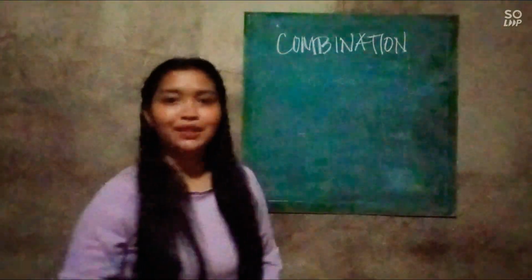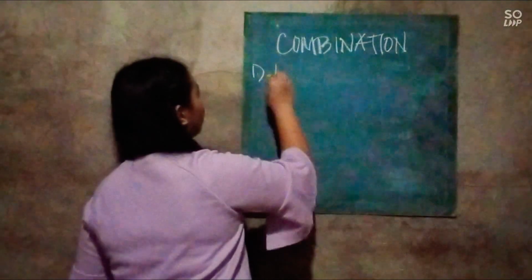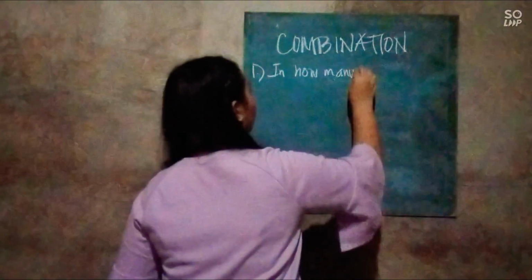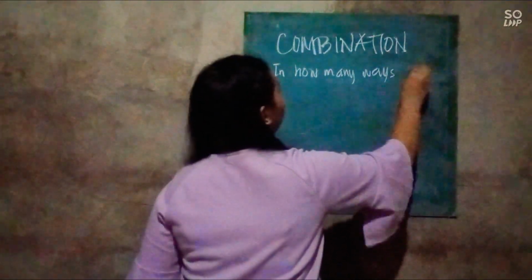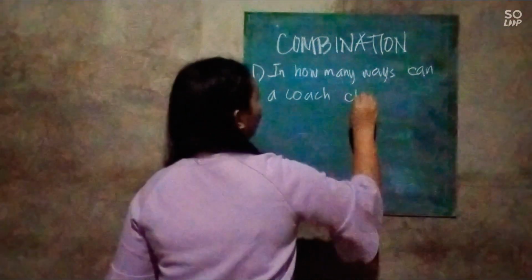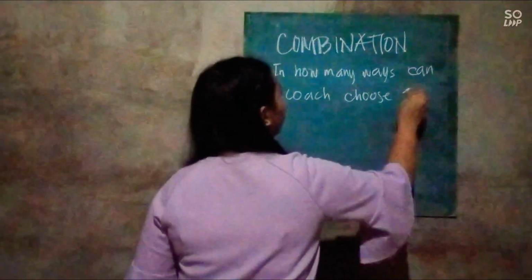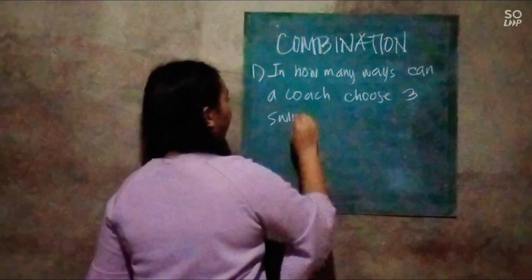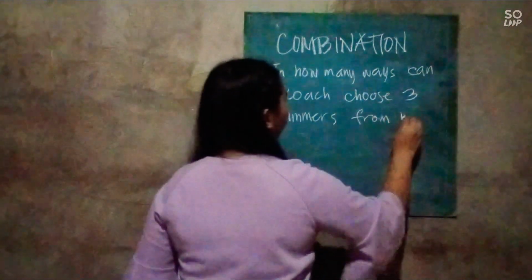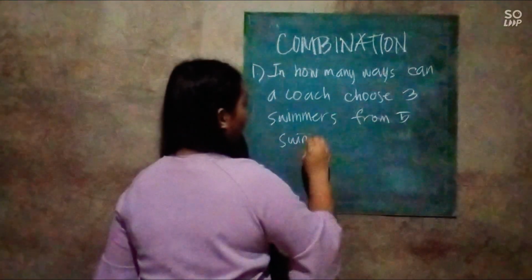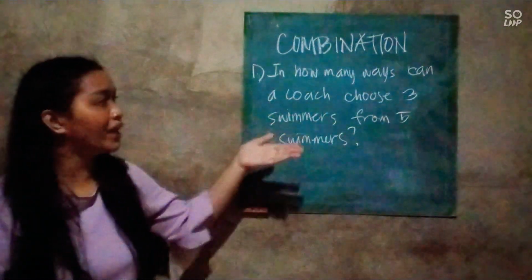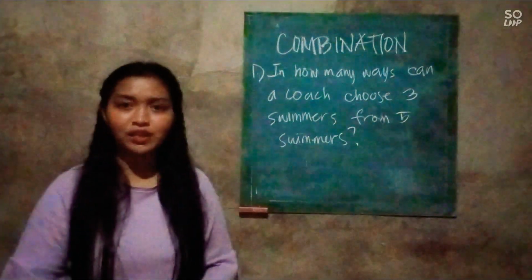Let's say, for example, in how many ways can a coach choose 3 swimmers from 5 swimmers?